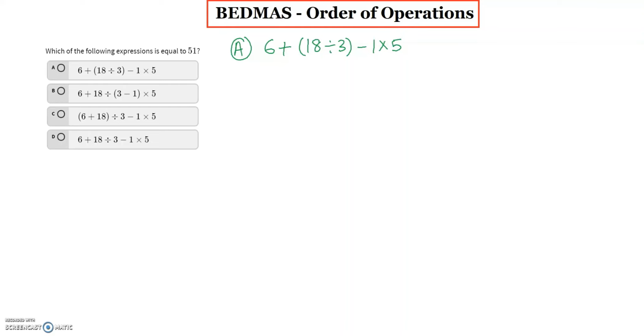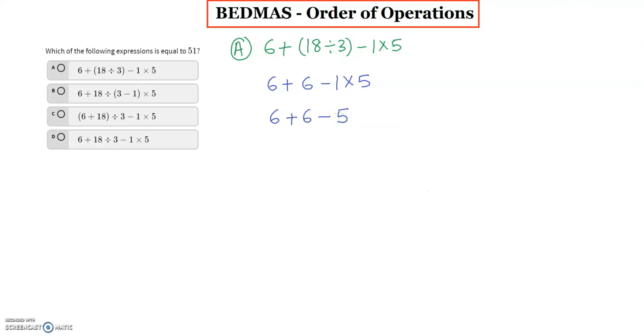As usual, we will be solving brackets first and everything else remains the same. 18 divided by 3 will give me 6, minus 1 times 5. Now we have multiplication, which is 1 times 5. I will solve that, and everything else is exactly the same. 1 times 5 is 5.